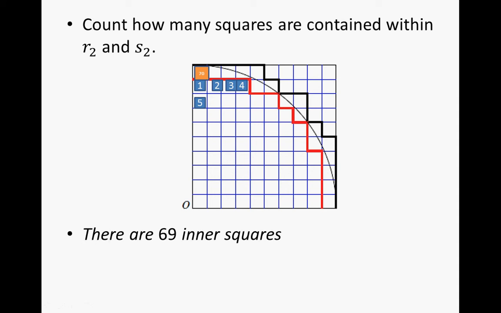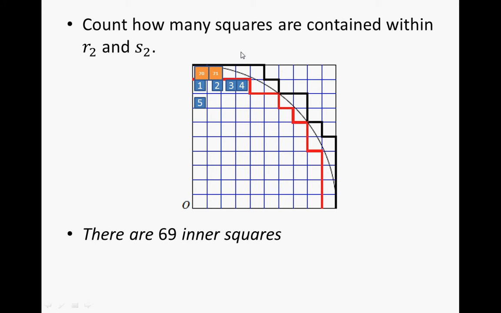Then you're going to go ahead and count all the squares. So if there's 69, then starting and counting the squares that we missed up into the black border, this first square would be square number 70.